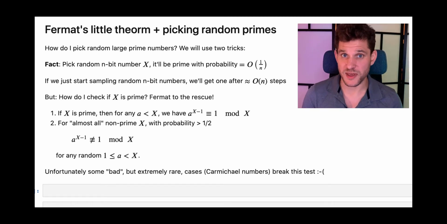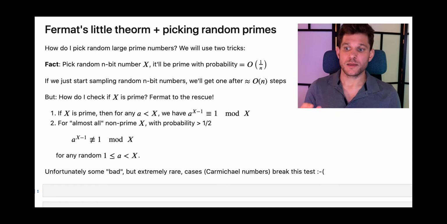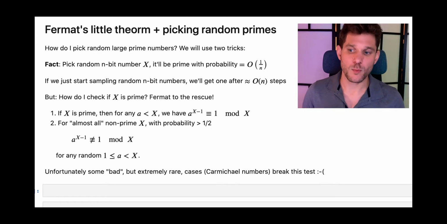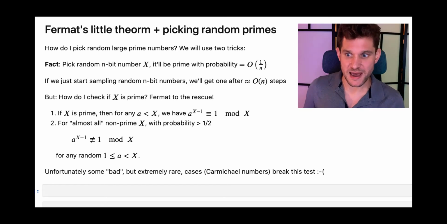Now, it turns out that for almost all non-prime x, this is going to fail a lot of the time. What do I mean by that? I mean that if you pick a random base a from 1 to x minus 1, and you exponentiate it to the x minus 1, it will not be congruent to 1 mod x with probability better than a half.